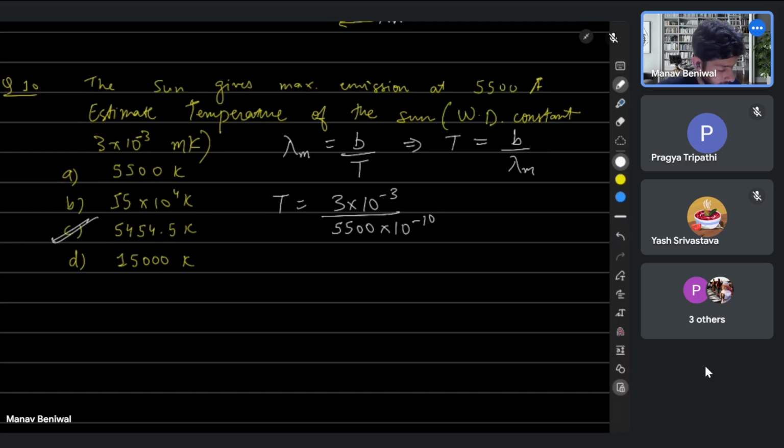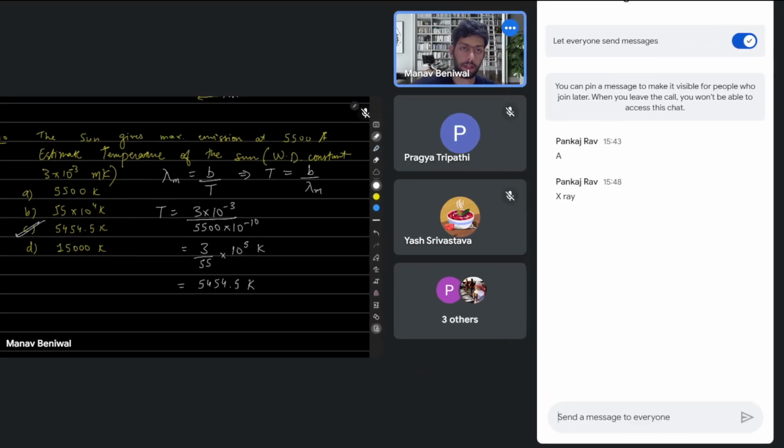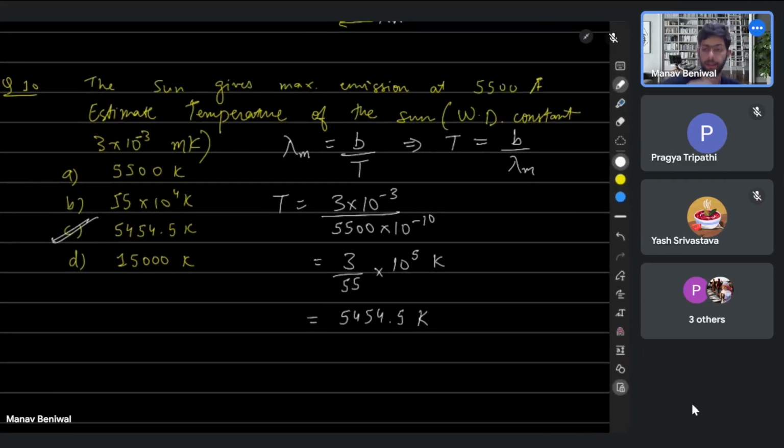You can rewrite this as 3 over 55 into 10 to the power 5 Kelvin. And if you solve this, you will get 5454.5 Kelvin, which is option C. Clear? Any doubts?